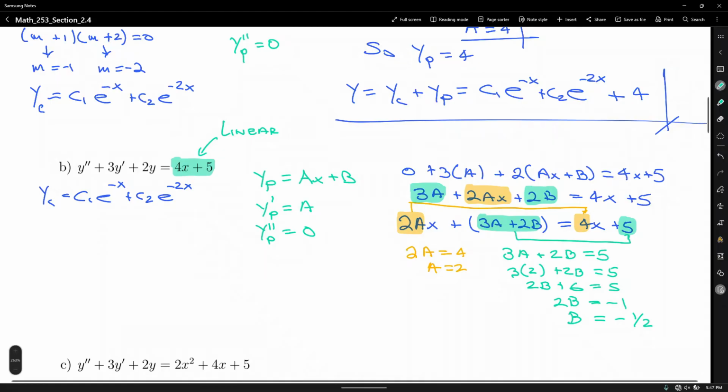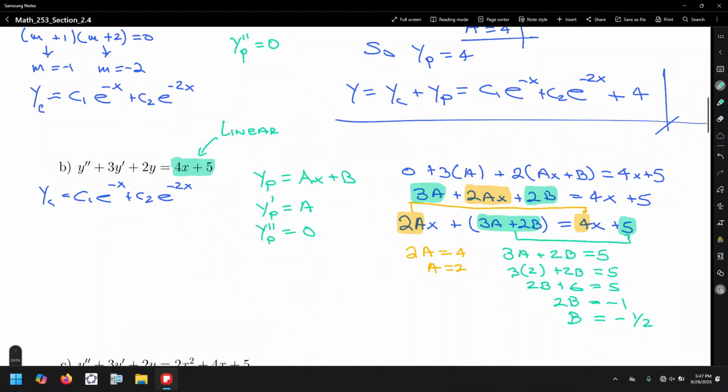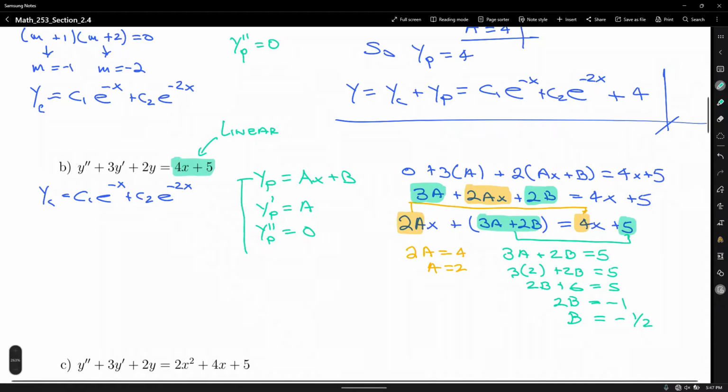Now I'm going to go back to y sub p with generic coefficients a and b. Let me write it down below. So now we have y sub p equals a, which is 2, times x minus 1/2.